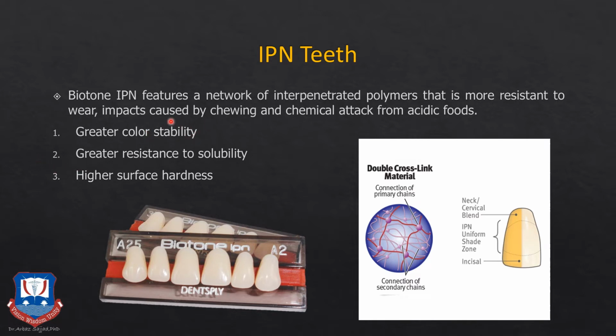That is, they do not stain easily. They do not absorb solutions within the oral cavity, and they have high surface hardness, making them resistant to wear over a long time. These teeth are not new, and they have been used in dentistry for at least the past 2 to 3 decades. One example, as I mentioned, is Biotone, and another example is Portrait by Dentsply Sirona.